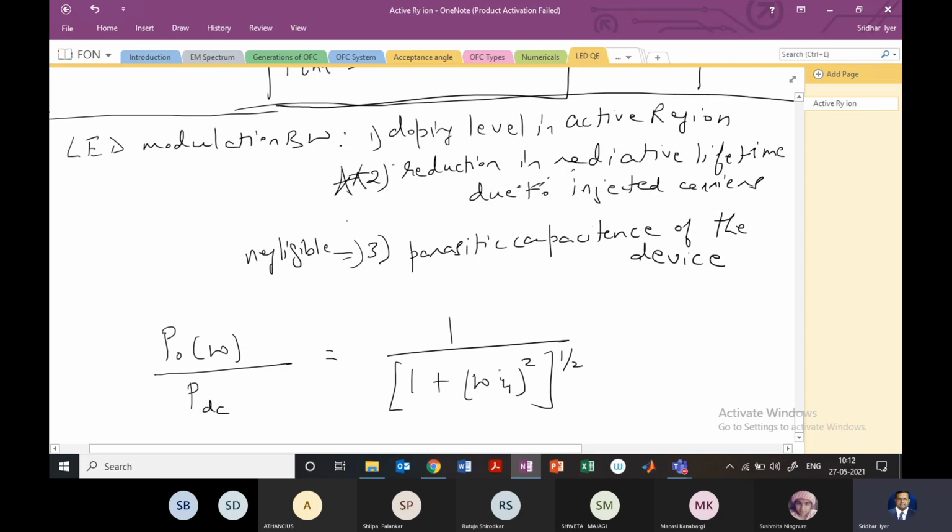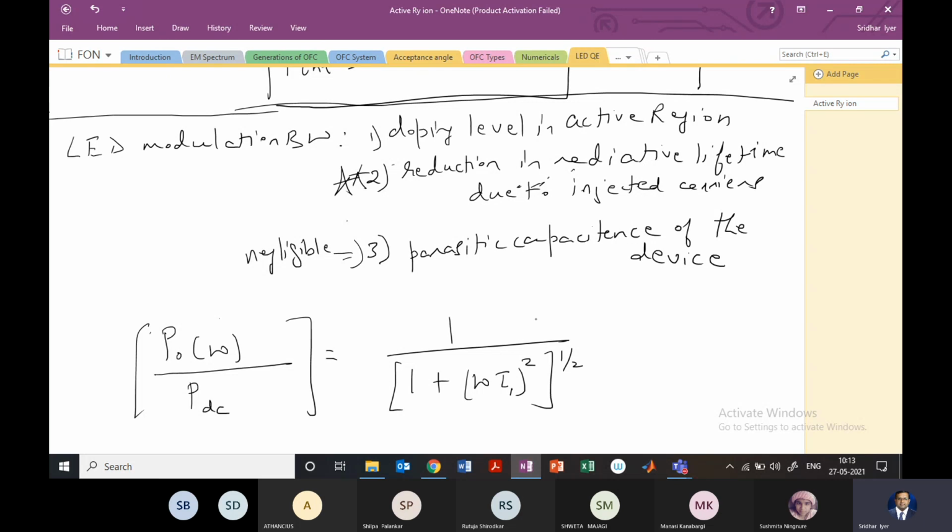This is what has been found through research. This is how the ratio on the LHS varies with frequency. The RHS is 1 by (1 plus (omega tau_i)^2)^(1/2), where omega is the angular frequency and tau_i is your injected carrier lifetime. That means how many electrons we are injecting at the input and what is the lifetime of those carriers. And that is exactly point number 2.